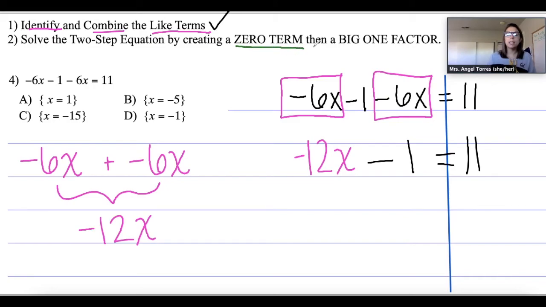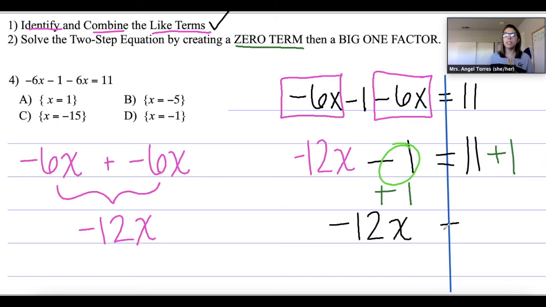Step 2, we need to make a 0 term out of the constant. So to make a 0 term out of negative 1, we're going to add 1 to both sides. That creates a 0. So you bring down your negative 12x's, and 11 plus 1 is 12. Check. Final step, we're making a big one factor with division.